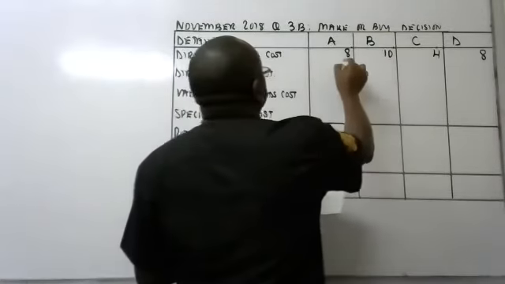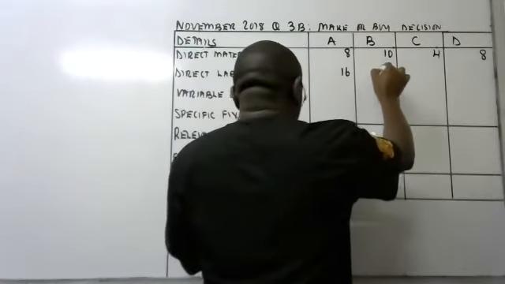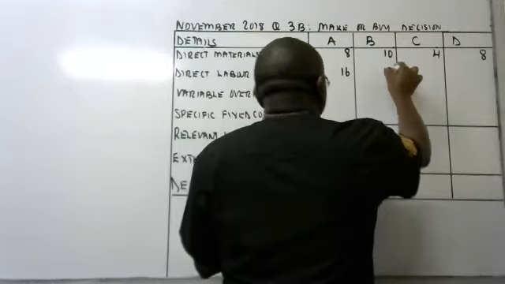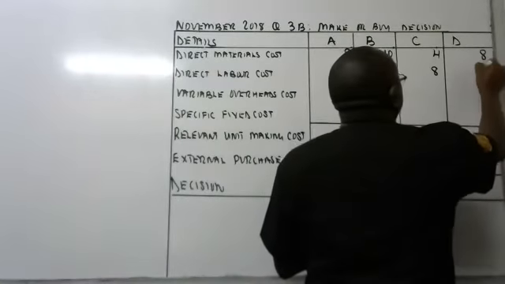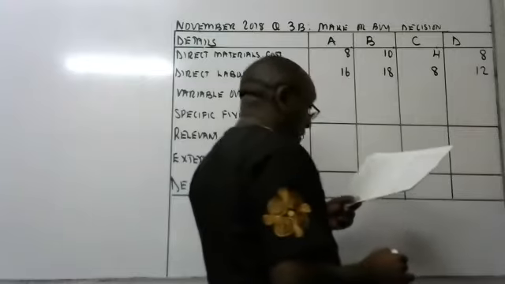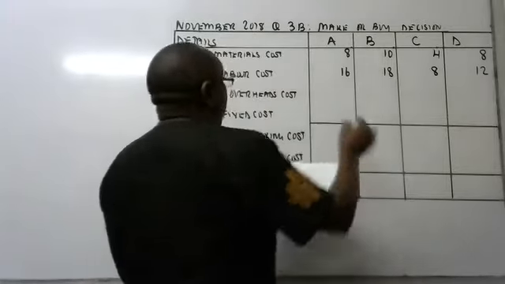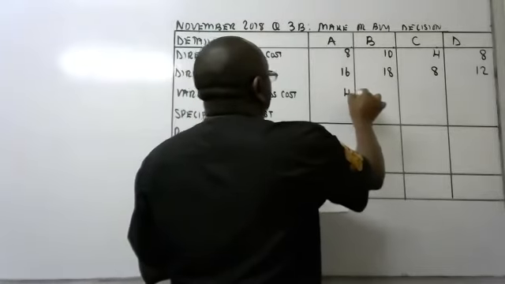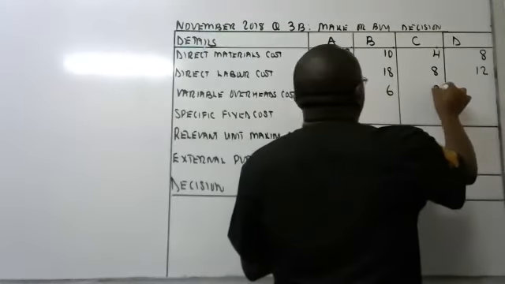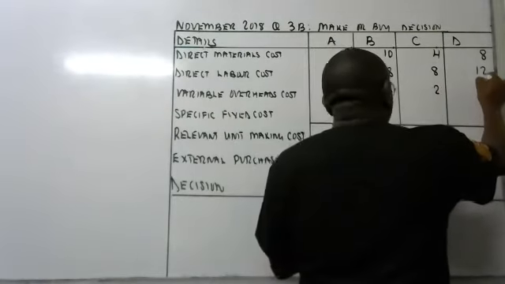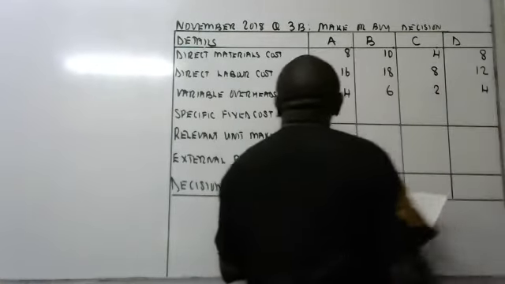Labor, I have 16. I have 18. There is 8 and 12. Value of overheads, I have 4. I have 6. I have 2, and I have 4.